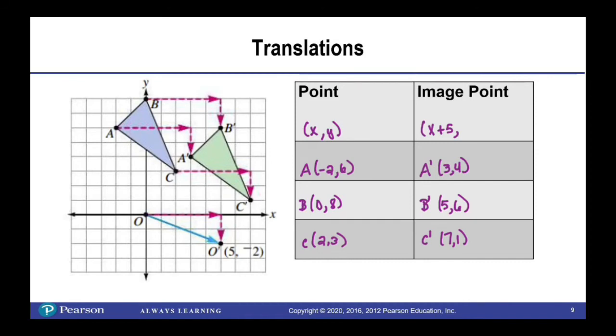Start with A. 6 minus 2 is 4, and the minus 2 comes because I moved down 2. 8 minus 2 is 6, and 3 minus 2 is 1. And again, the minus 2 is because I moved down 2. So we moved right 5 and down 2. And we denote that as (x plus 5, comma, y minus 2).